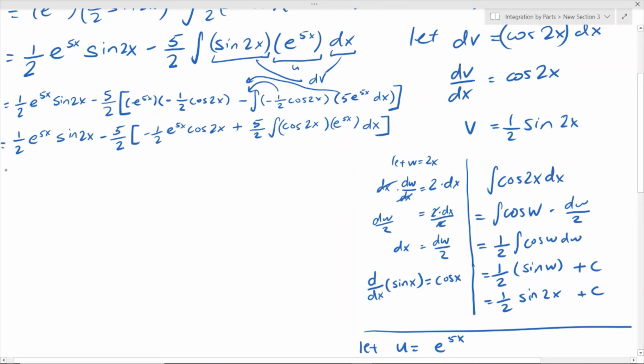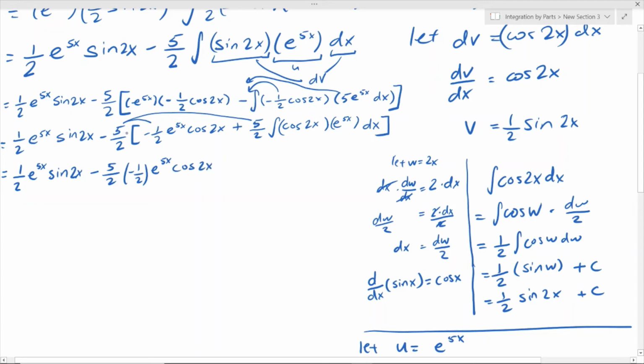So from here, I'm just going to copy this term right here. So 1 over 2 times e to the exponent of 5x times sine 2x right here. And then we have to apply the distributive property of negative 5 over 2 to each of these terms. So negative 5 over 2 times this one, right? Negative a half times e to the exponent of 5x cos 2x.